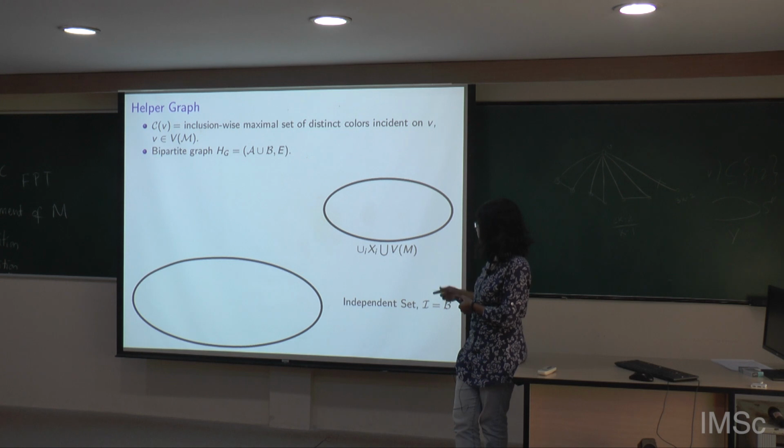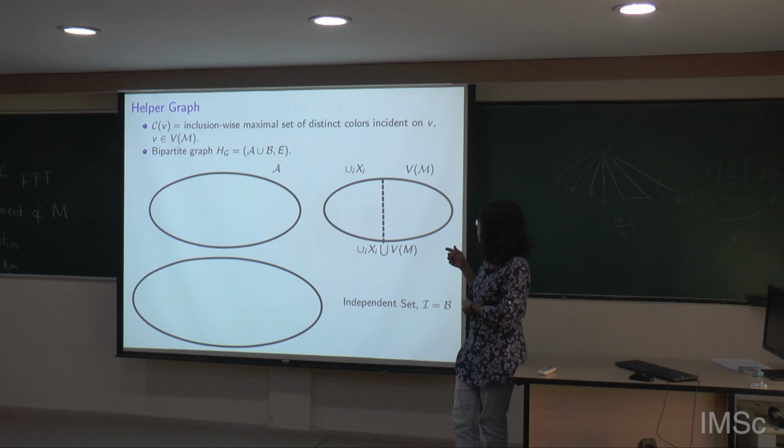I will use this vertex cover to construct the set A. This vertex cover has two parts: the union of the vertex covers of the color classes X_i, and the vertices of M. So for every vertex here which belongs to some X_l, that is, it belongs to the vertex cover of color class l.